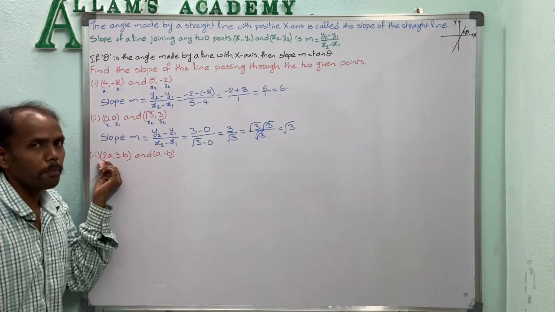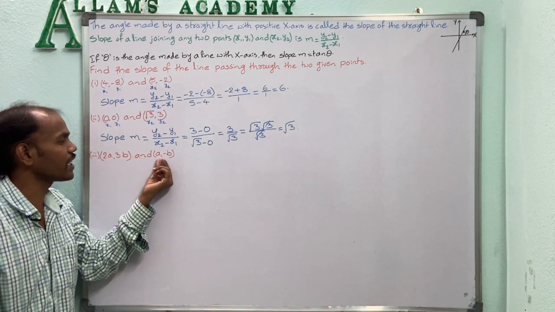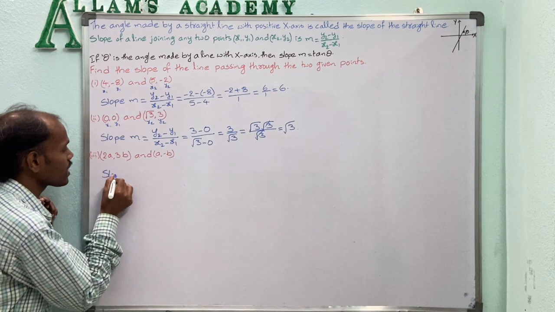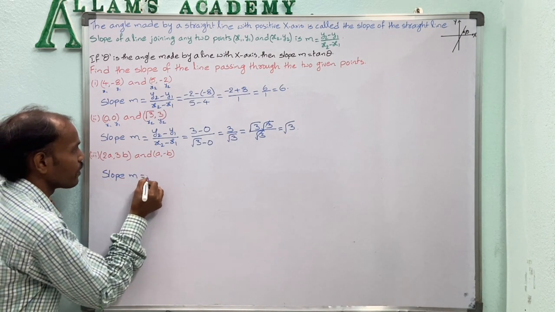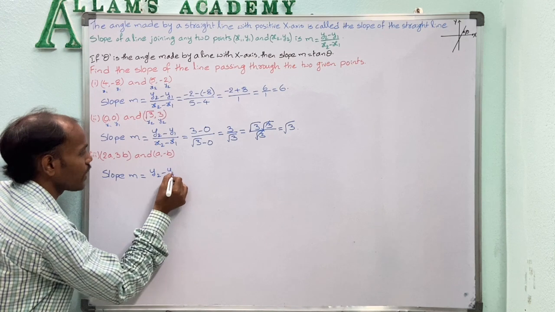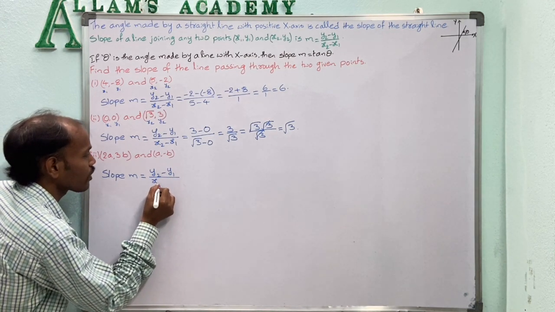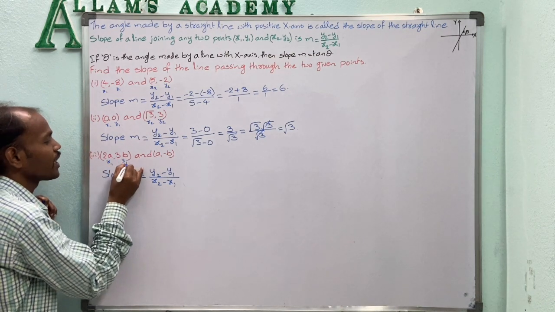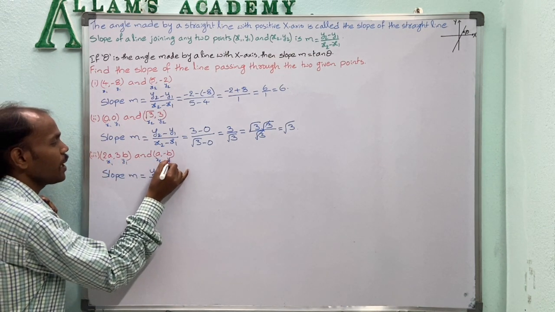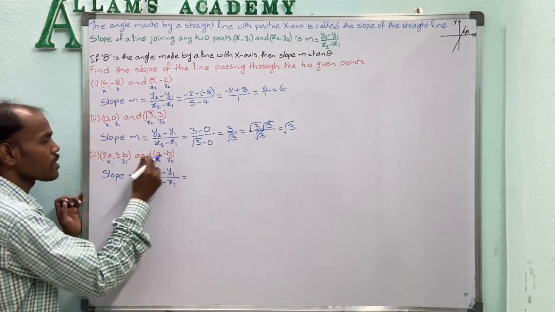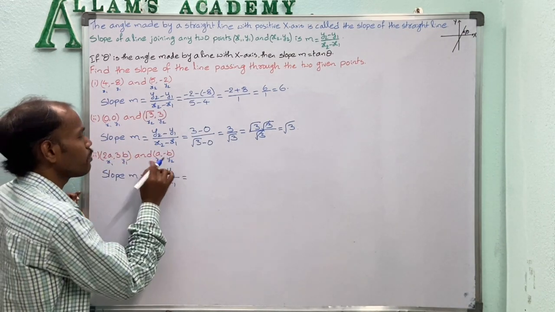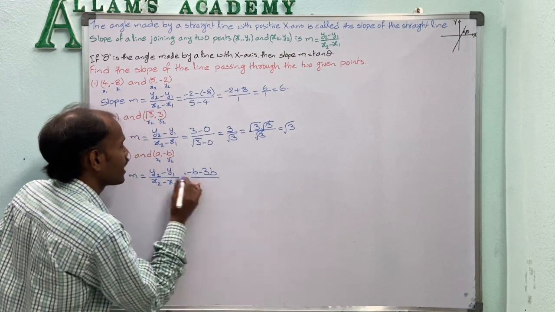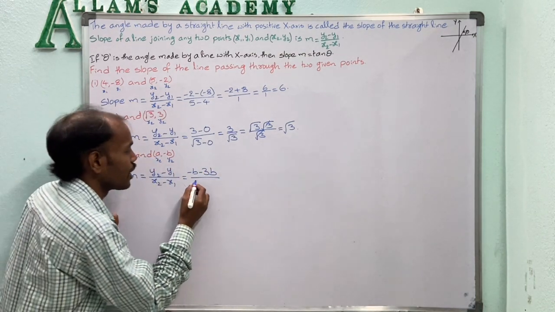Now for the points (2a, 3b) and (a, -b), finding the slope. So slope m is equal to (y2 - y1) / (x2 - x1). So here the x1, y1 coordinates are (2a, 3b) and the x2, y2 coordinates are (a, -b). Now substituting, y2 minus y1 is -b minus 3b, over x2 minus x1, a minus 2a.